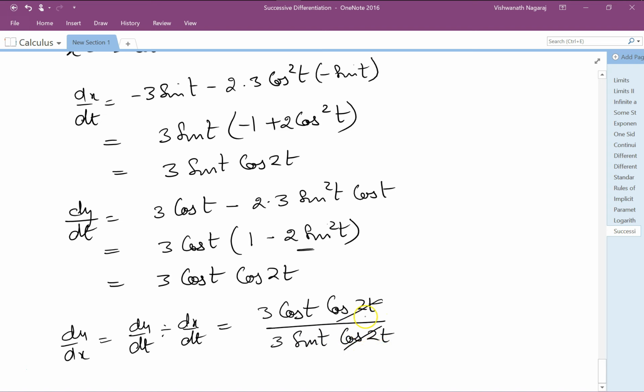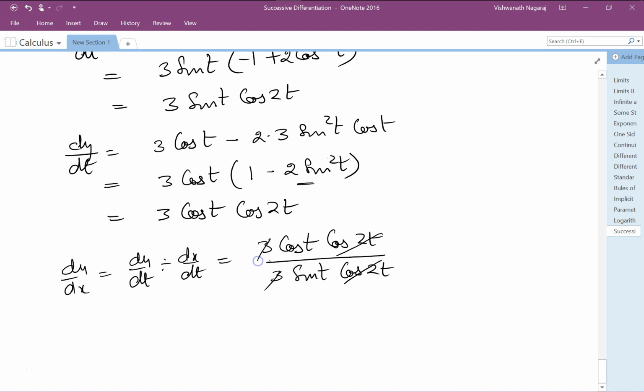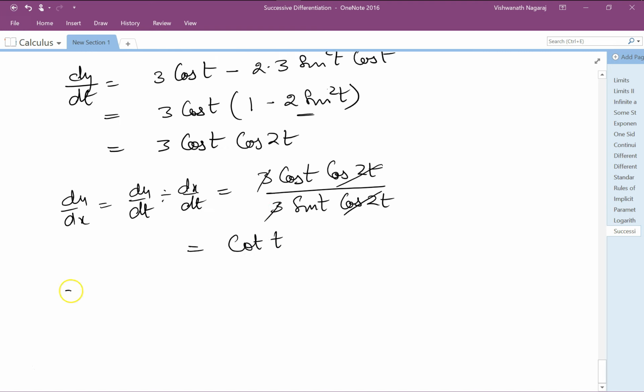So cos 2t goes off, 3 goes off, and we are left with cos t by sin t, that is cot t.